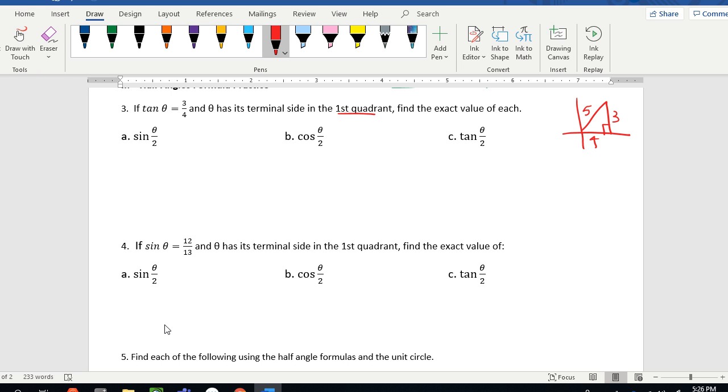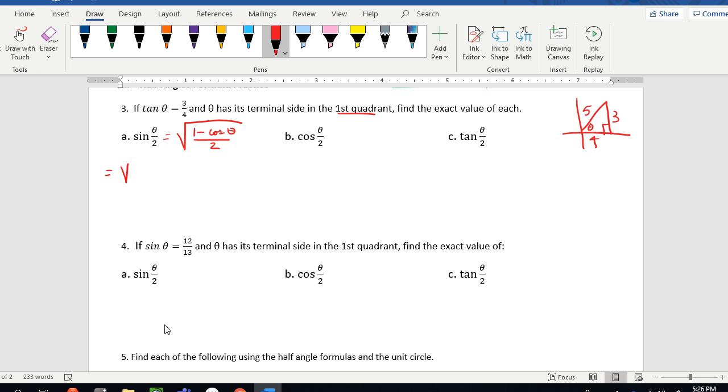So given that I have my theta, it's going to be a positive because if I take half of a first quadrant angle, something between 0 and 90 degrees, it's going to be between 0 and 45 degrees. So this is going to be positive square root 1 minus cosine of theta all over 2.